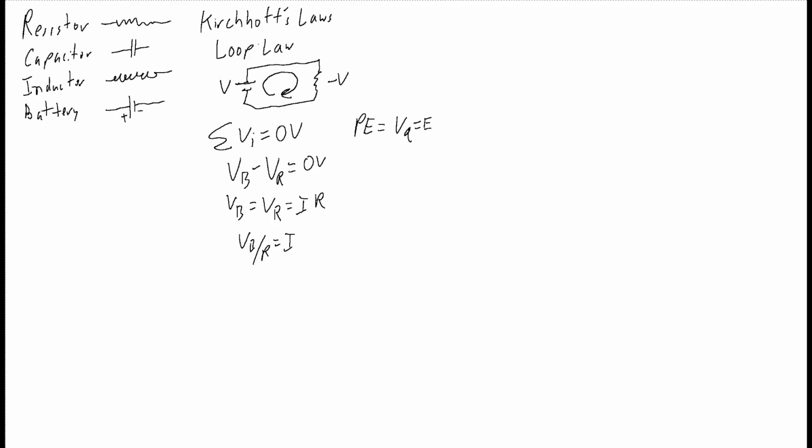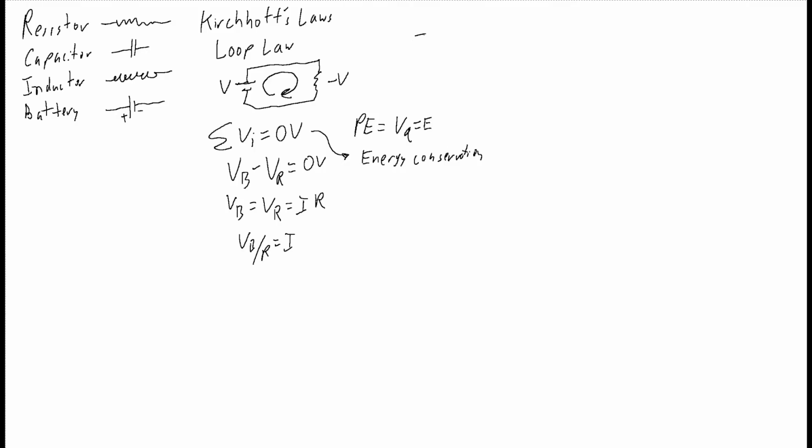So the loop law is actually a statement of energy conservation. So the battery will put some potential into the electron. It comes around and does some work in the resistor, and then comes back around over here, having lost the energy in that resistor. So this is energy conservation.